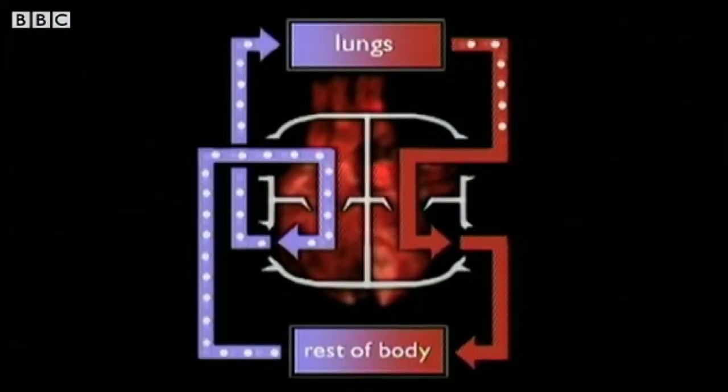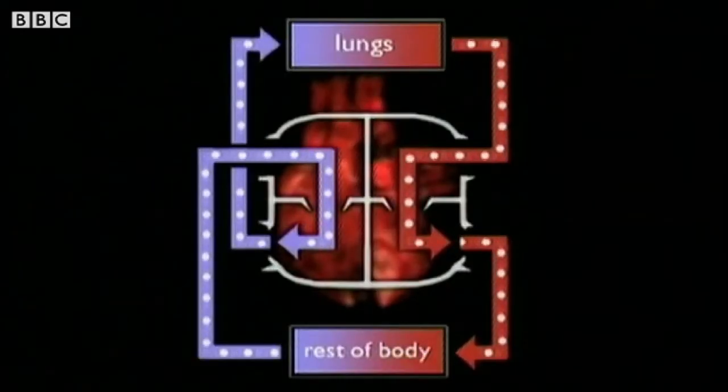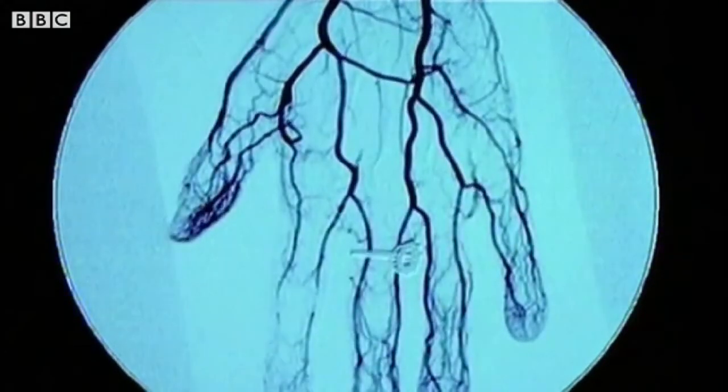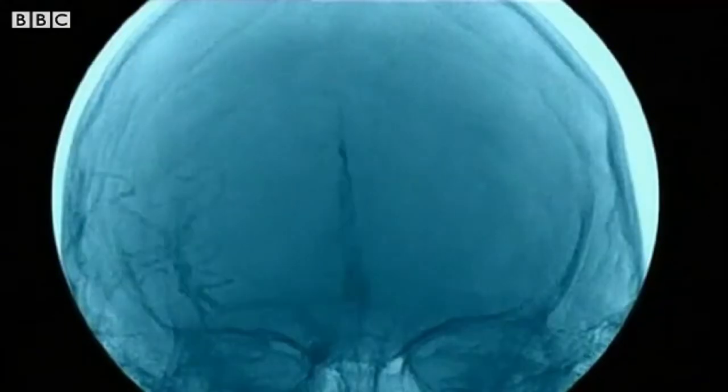The now freshly oxygenated blood is pumped back through the heart again, and then onto the rest of the body. Inside the heart, there are valves which open to let blood through, and close to stop the blood from flowing backwards. The blood is pumped through blood vessels onto all parts of the body, where the oxygen provides fuel for the muscles and organs.